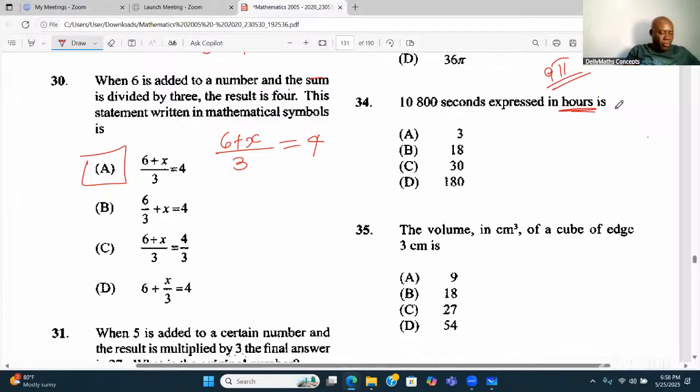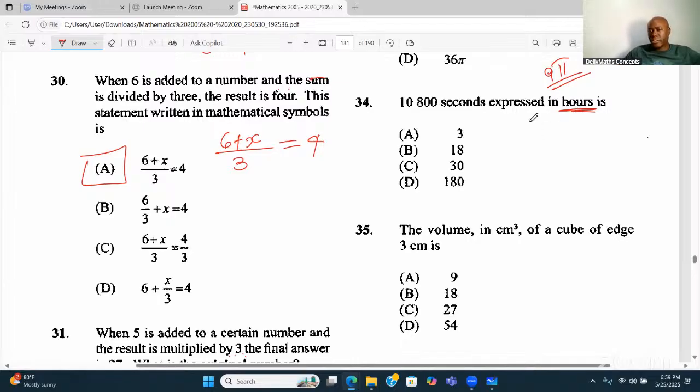What do we got there? All right. Now let's go. What you got?